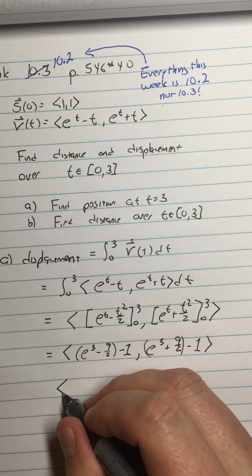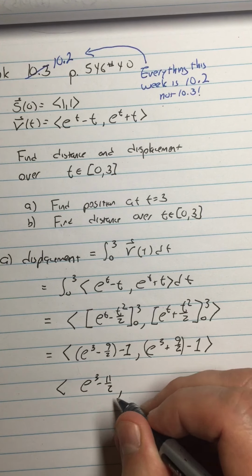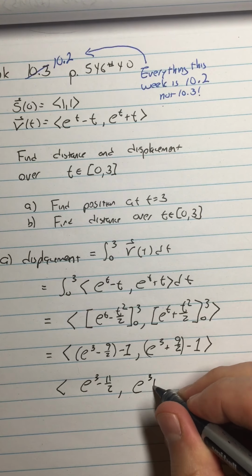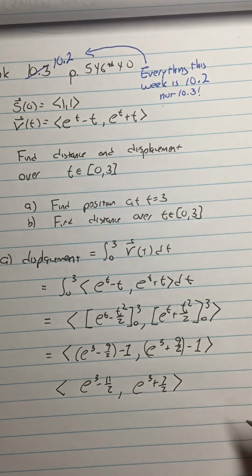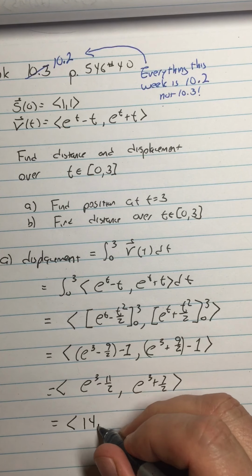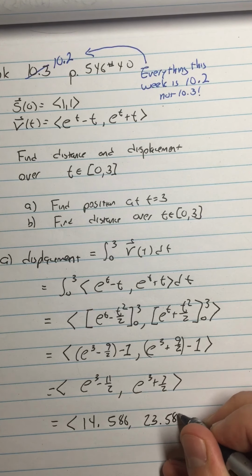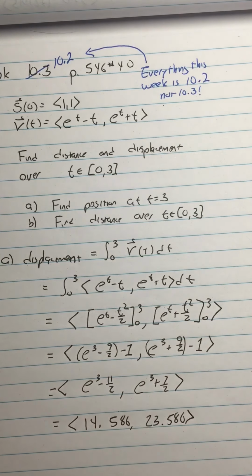So then that is just e cubed minus 11 halves, comma e cubed plus 7 halves. You could leave it like that, or you could get a nice decimal if you like decimals: 14.586, comma 23.586. That's the displacement.